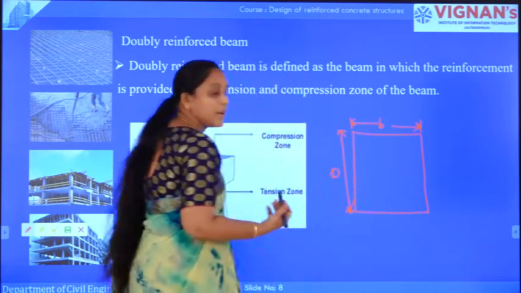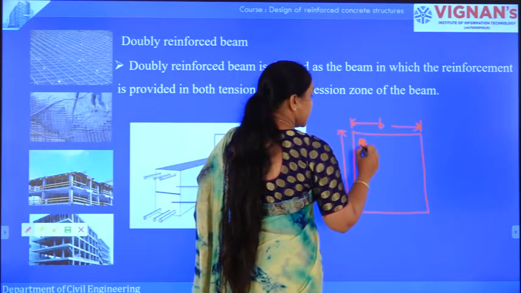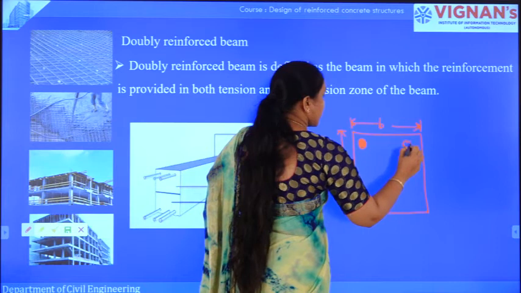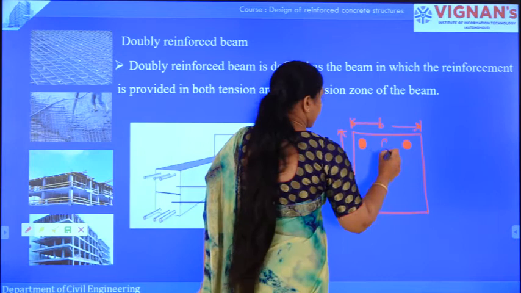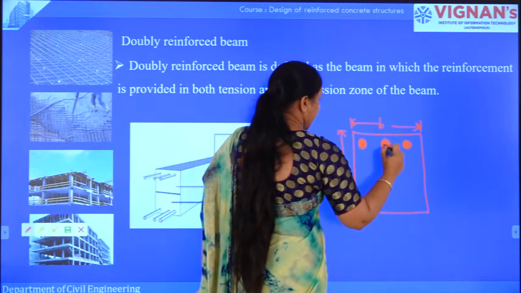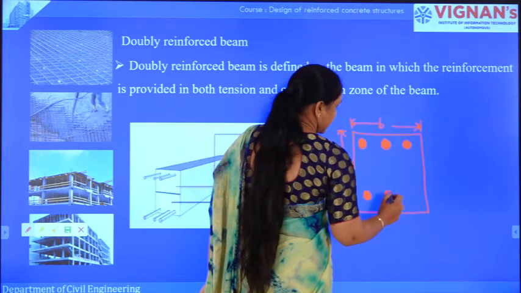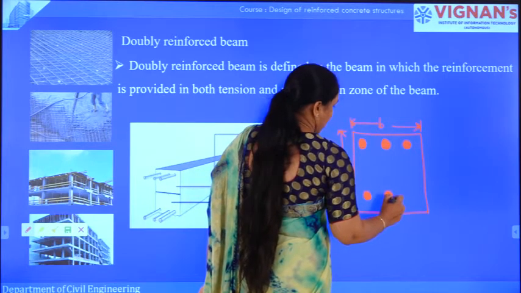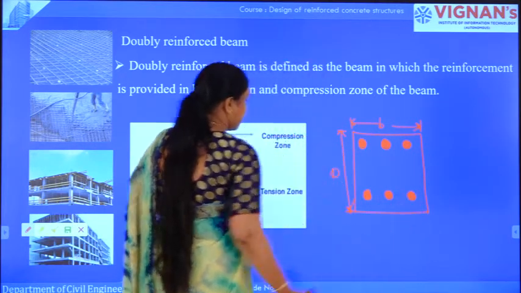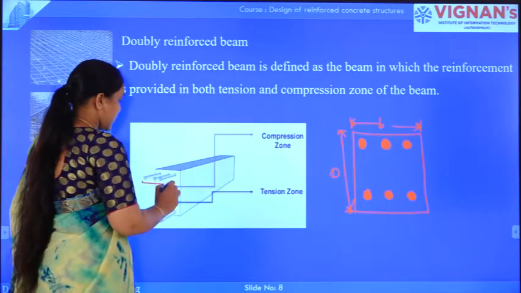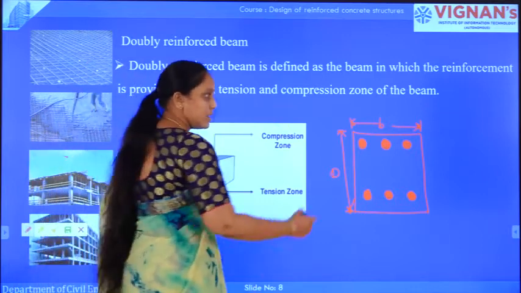Here, in a doubly reinforced beam, we have provided the reinforcement in the compression zone as well as in the tensile zone. How many reinforcements can you see here? You can see 3 reinforcements provided in the compression zone and 3 reinforcements provided in the tensile zone.